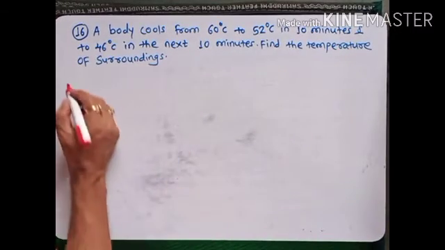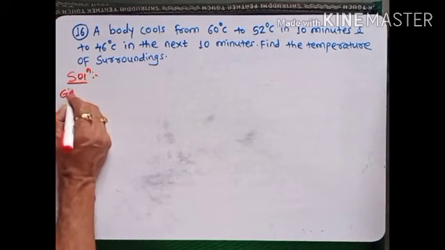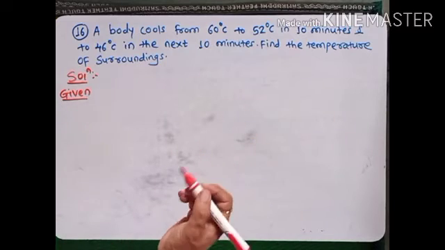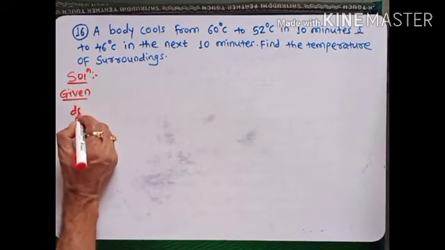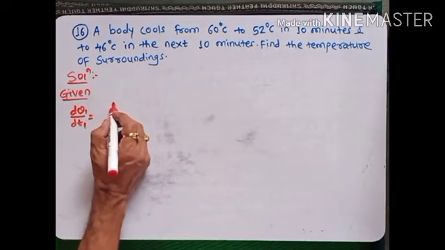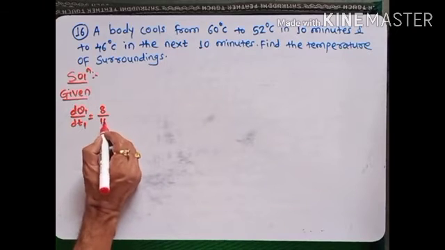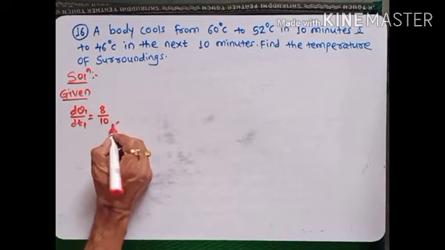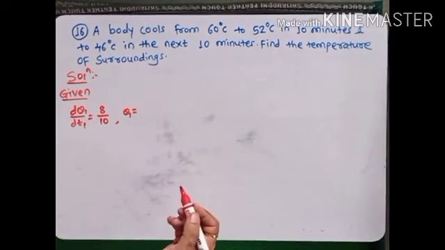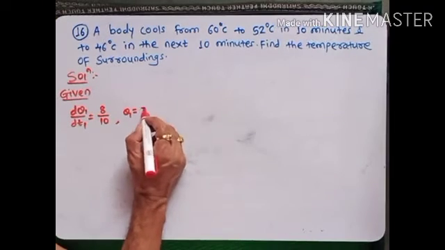Now we will read the solution. In that, first given, a body cools from 60 to 52, means we get here dθ1/dt1 equal to 60 minus 52, 8 in 10 minutes. Also θ1 equal to (60 plus 52)/2, means we get here 56.